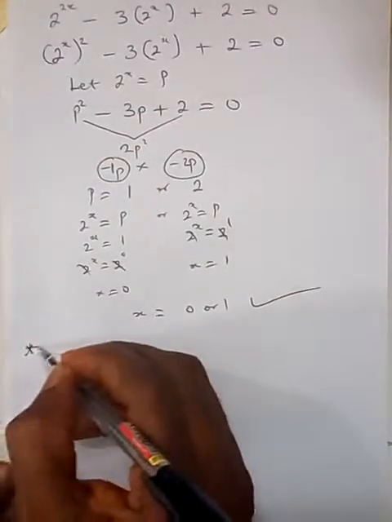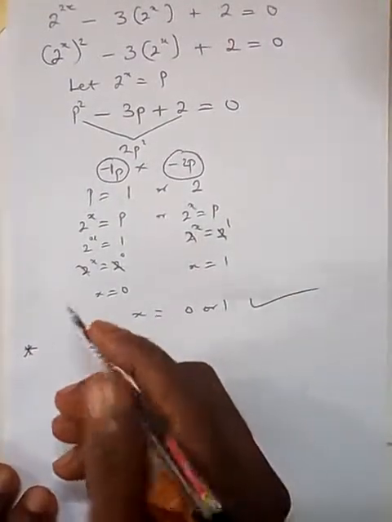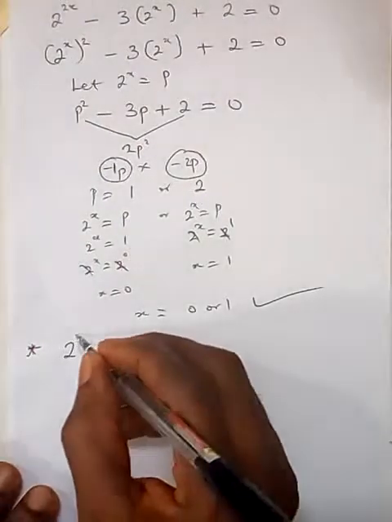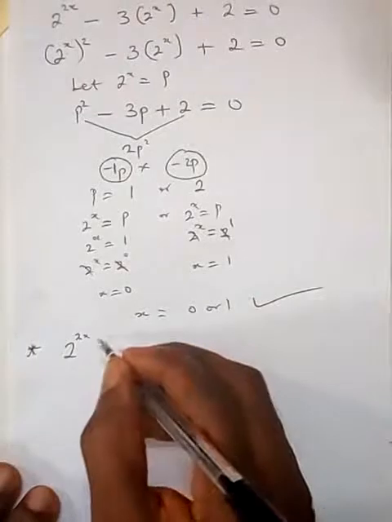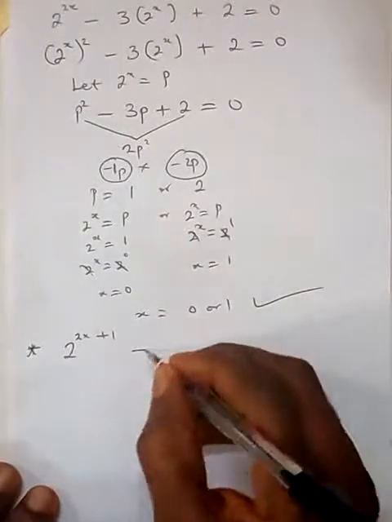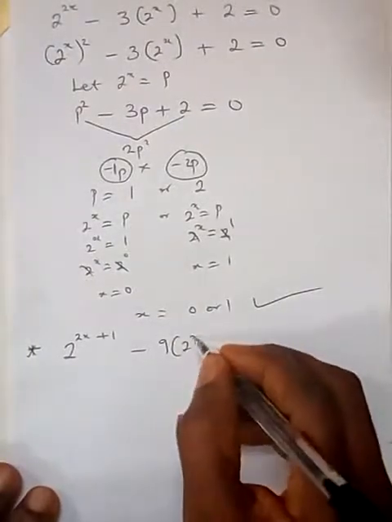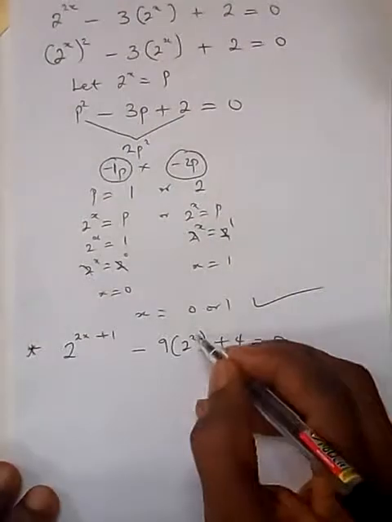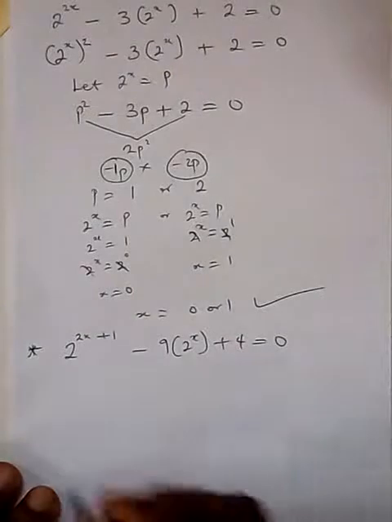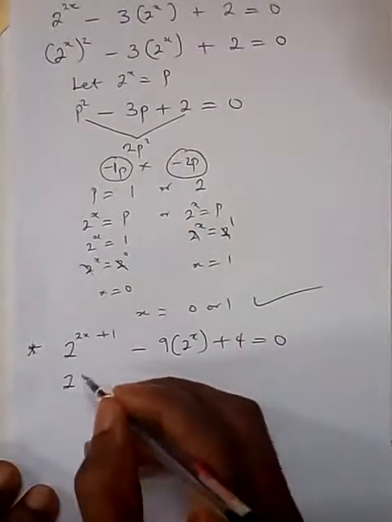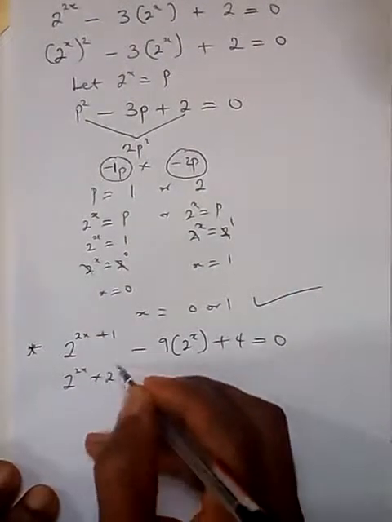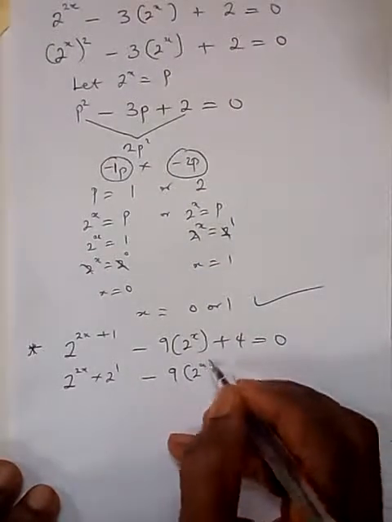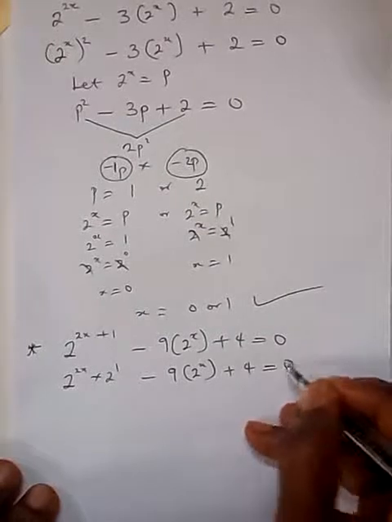The next question says we should solve this: 2 raised to power 2x plus 1 minus 9 raised to power 2x plus 4 is equal to 0. Same thing, 2 raised by s here, try to make it 2 raised by s. So you have 2 raised to power 2s times 2 raised by 1 minus 9 times 2 raised by s plus 4 is equal to 0.